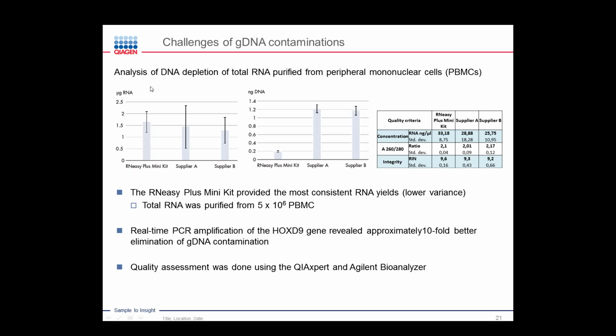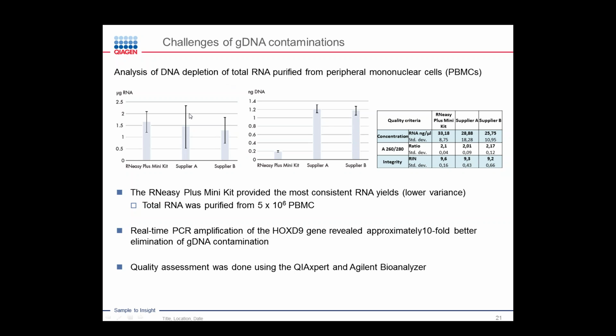In this experiment, RNA was extracted from PBMCs. I mentioned this before for another experiment, so the same sample type, and compared to competitor kits for RNA yield and gDNA depletion using the RNeasy Plus Mini kit. This kit includes an additional spin column for the chemical separation of genomic DNA.